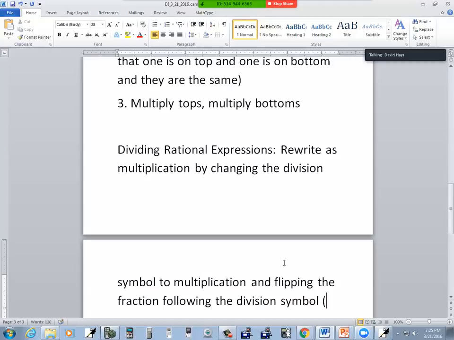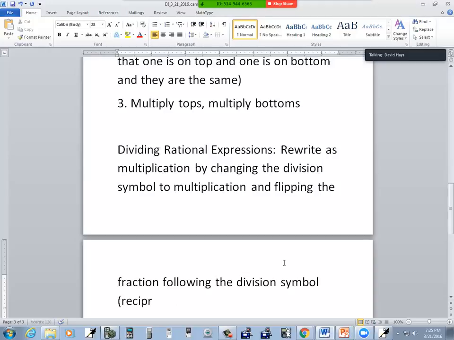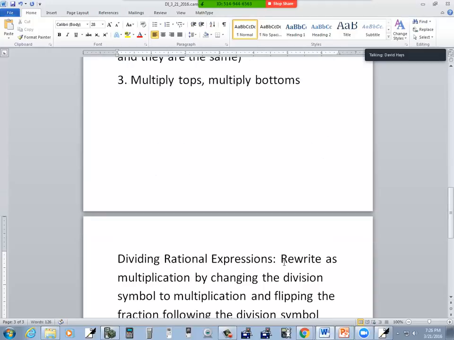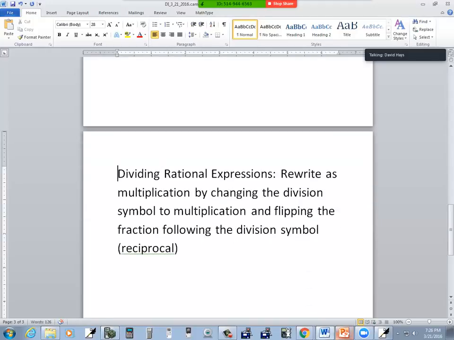When I say flipping the fraction, I'm talking about the reciprocal. Then multiply like normal. So again, we never actually divide. We just immediately rewrite as multiplication and then go from there.